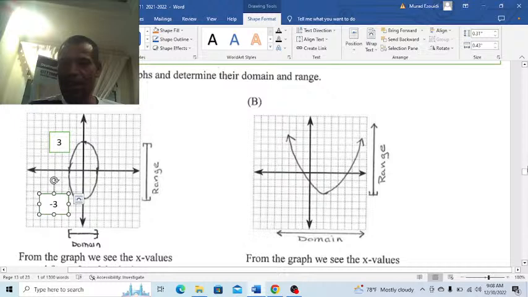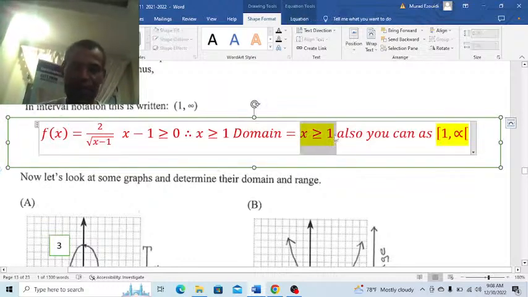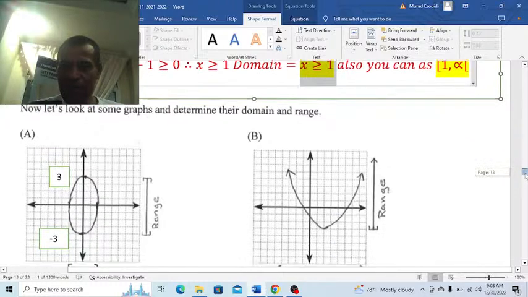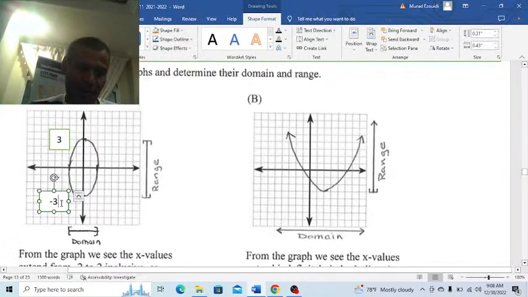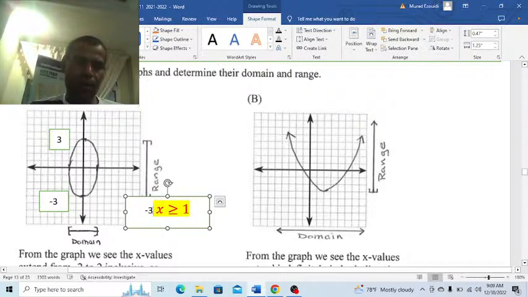I will copy and paste this, and erase this.